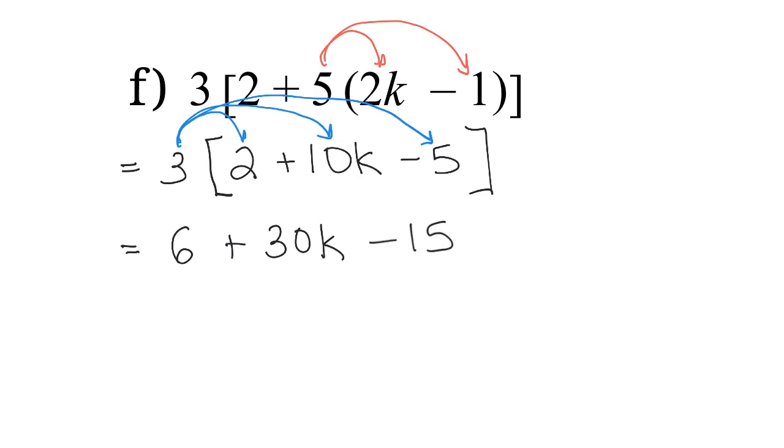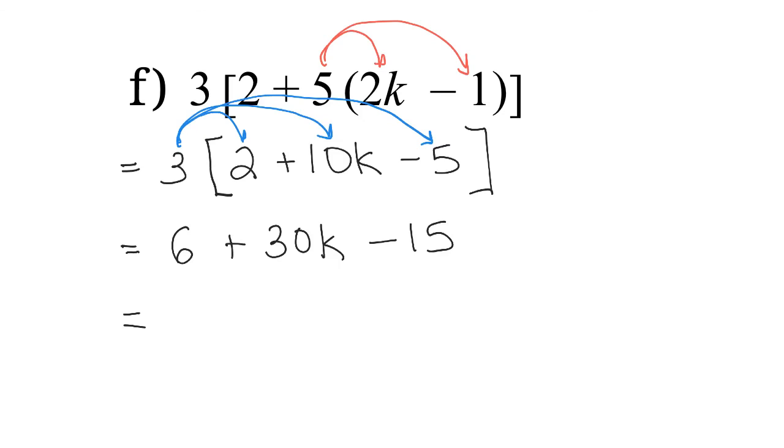All right, our final step is to check and see if there are any like terms. So are there any numbers that can be put together? And there are. We've got a plain 6 and a plain 15. No variables attached to them means that they are like terms. 30k has a k attached to it, but there are no other terms that have k's.